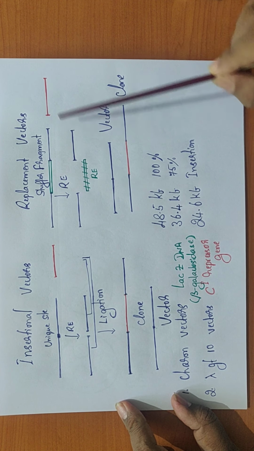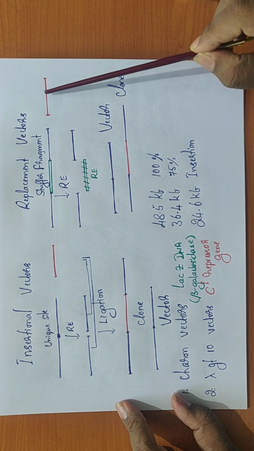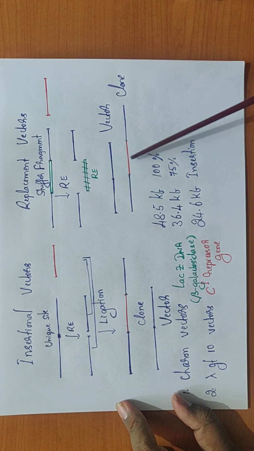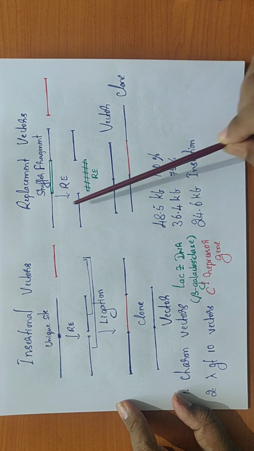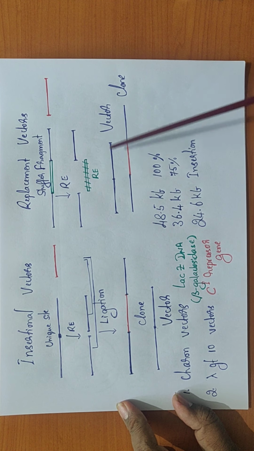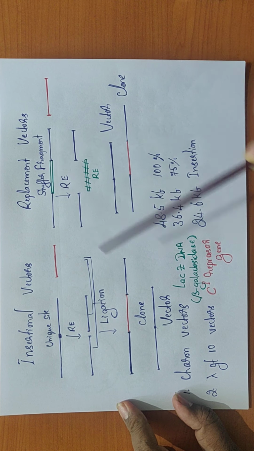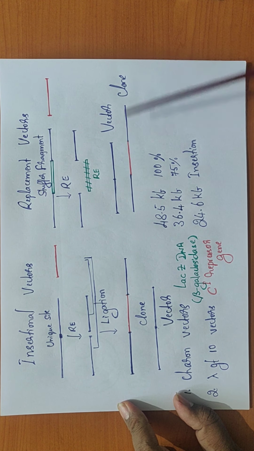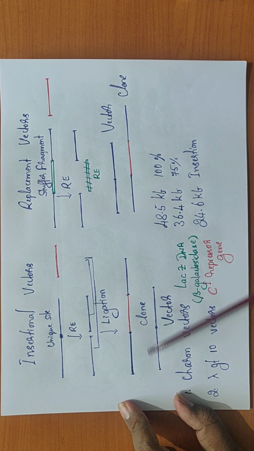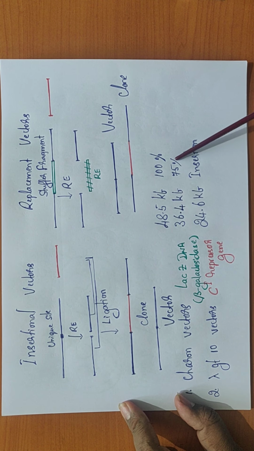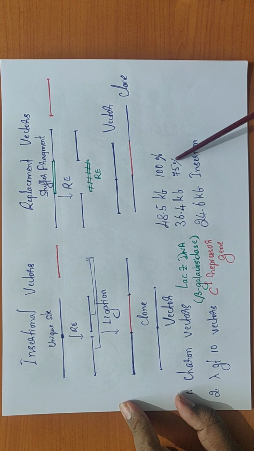Then these arms together with the DNA of our choice, we subject to ligation. Again, as before, there is a possibility of this arm and this arm fusing together to get the vector back without the stuffer fragment, plus there is a possibility of a clone. The vectors without insert are not going to be packaged because they are lesser than the minimum requirement, that is the 75%.